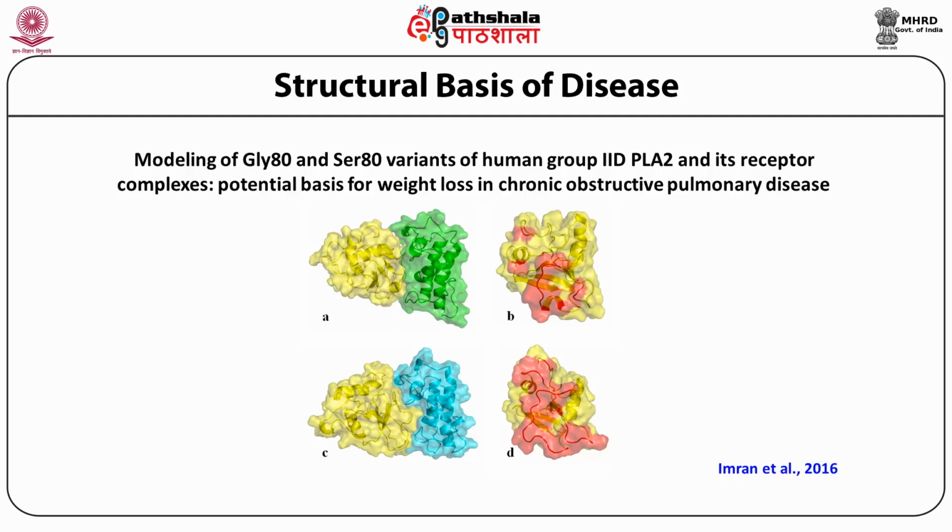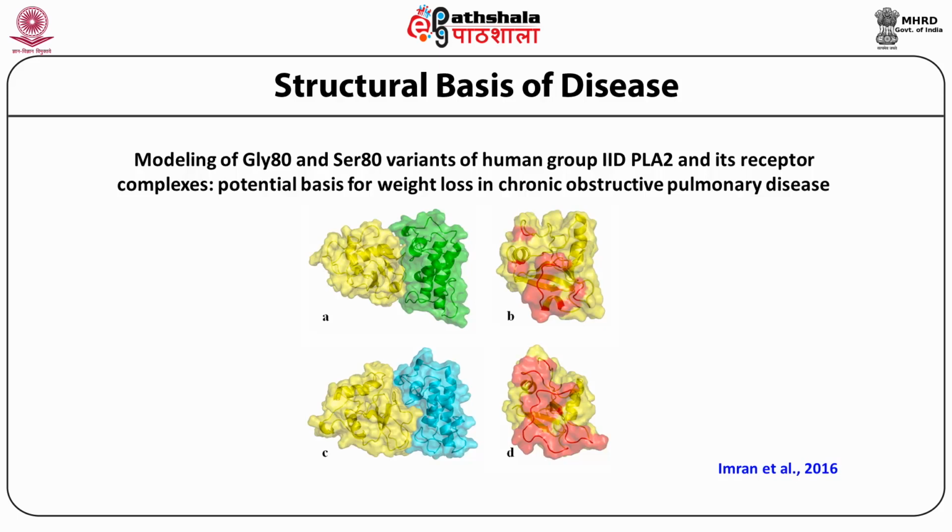Structural basis of a disease is another important application for protein structure prediction. We here see the structures of the glycine 80 variant and the serine 80 variant of the human group 2D phospholipase A2 along with its receptor complex. That paves the way for understanding the weight loss in chronic obstructive pulmonary disease.